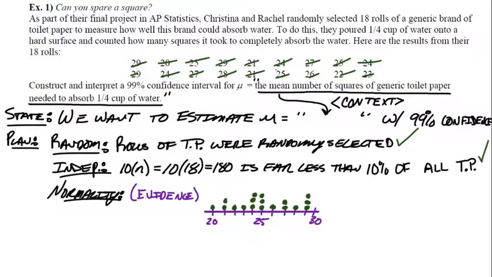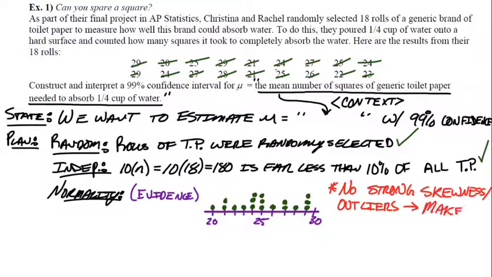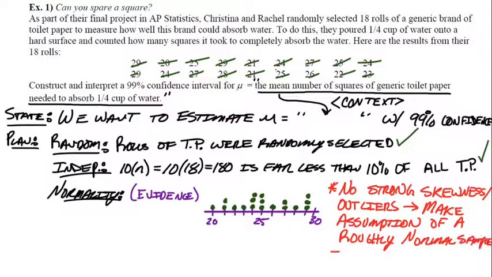Now, this definitely isn't perfectly normal by any means, right? But we can say at least there's no strong skew or outliers. So that's good enough for us. We're going to assume that this thing came from normal parents. So we have to show this sketch of our sample data.